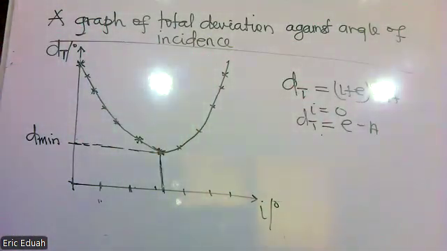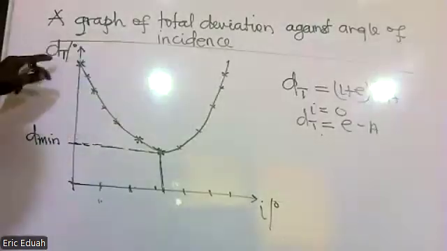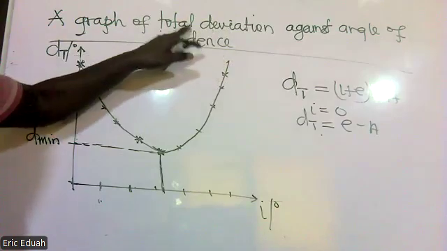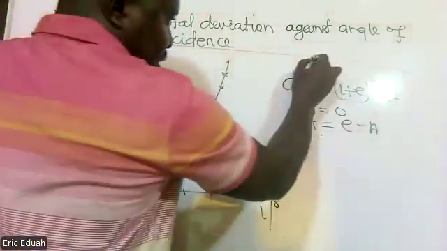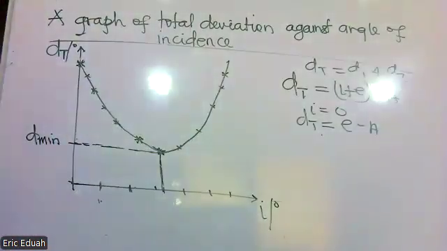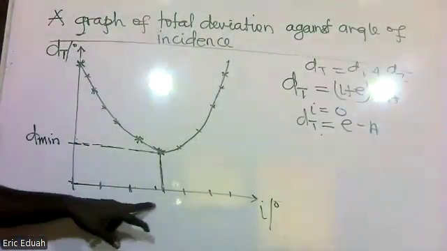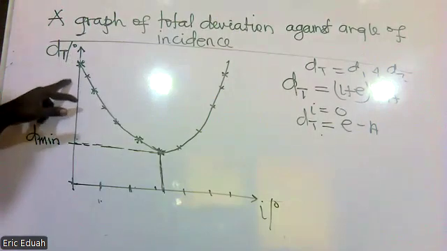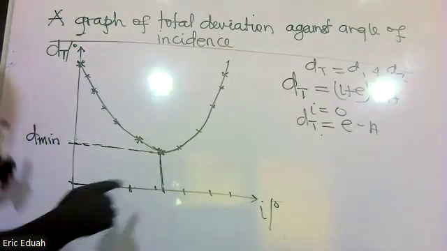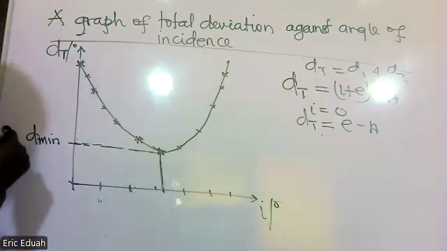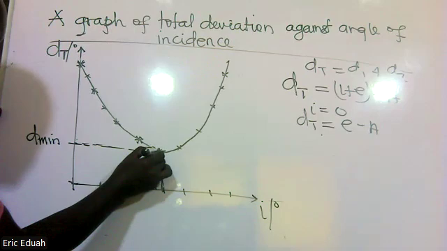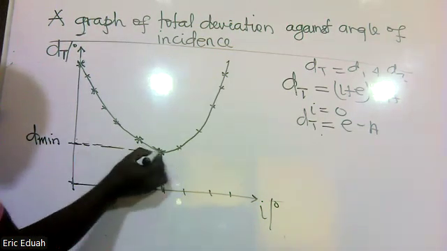So this is the graph of total deviation. Total because we are looking at D total, not a single D1 or D2. It's a graph of total deviation against angle of incidence. As I increases, D also decreases, and a particular angle of incidence would give us the least or minimum deviation within the prism.